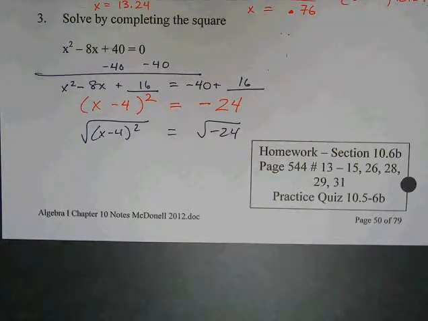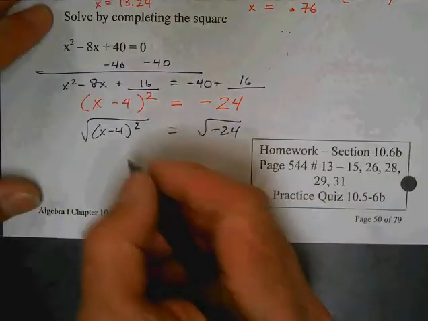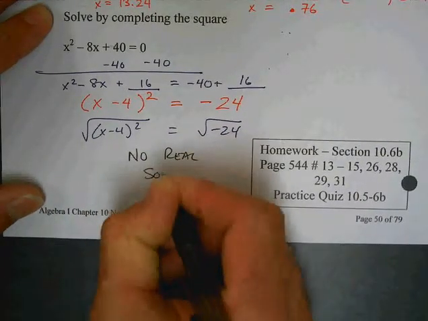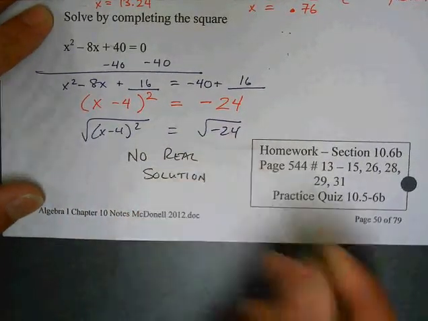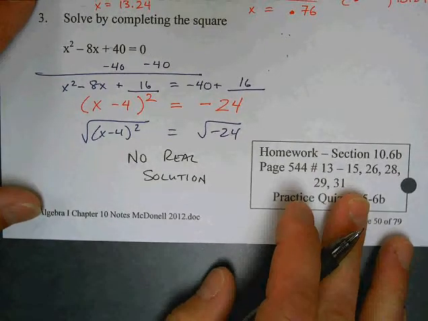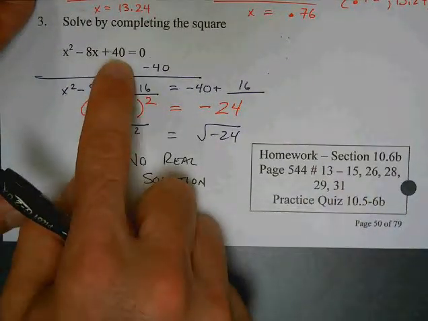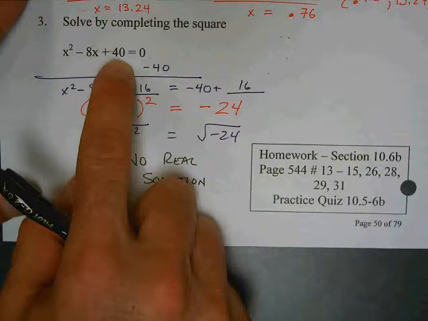So, what does that mean about this parabola? Is it still a parabola? Yes. I agree with you, it is no real solution. Let me show you a little bit. See this plus 40? What do we know about the last number in the equation? What does that represent in our graph? The y-intercept.